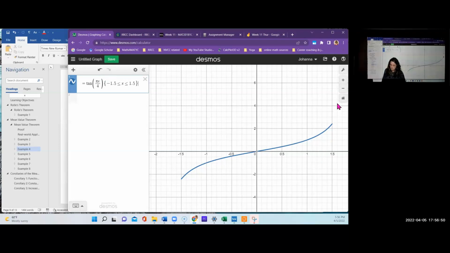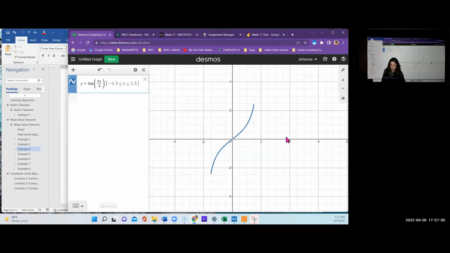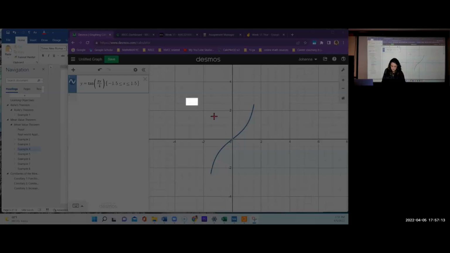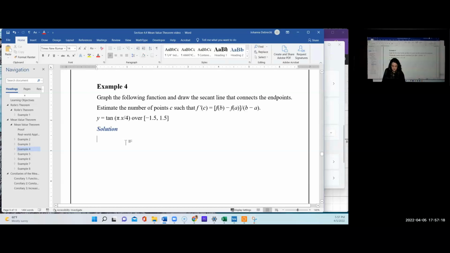Now, if we want to resume a normal one-to-one correspondence, we can hit the house symbol on Desmos, and that will return us to a one-to-one graph. I'll make it a little bit larger so it's a little bit easier to draw the secant line and the tangent line, and we'll take a picture of it and post it into our notes.